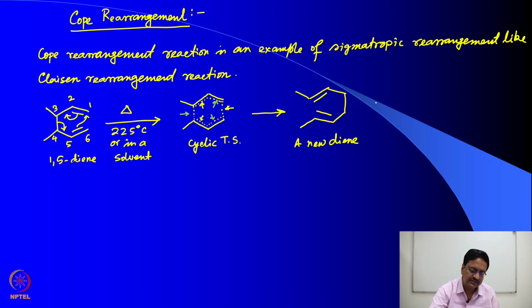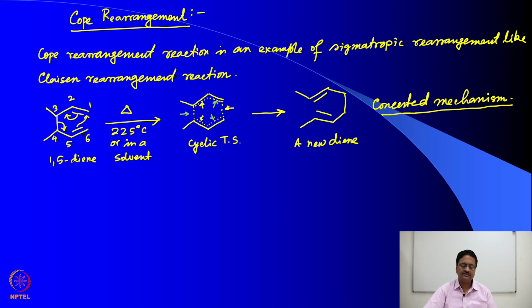This reaction also happens through a concerted mechanism, which means that the bond breaking and bond making processes take place together, and there is no chance of any cross reacted products.